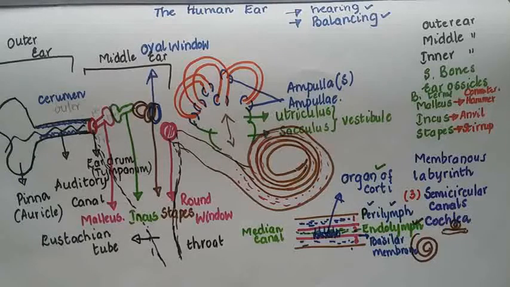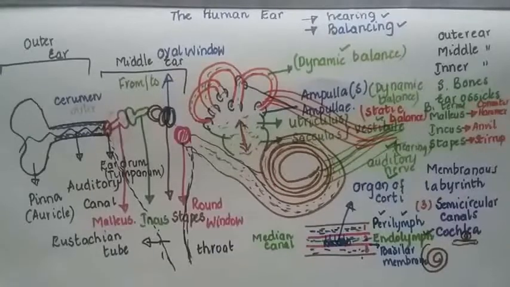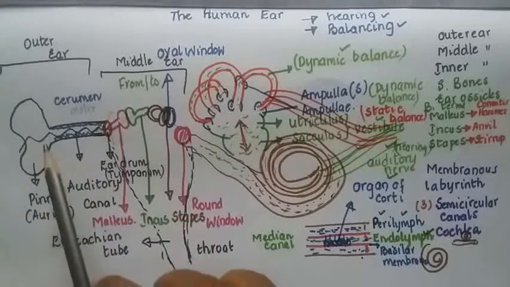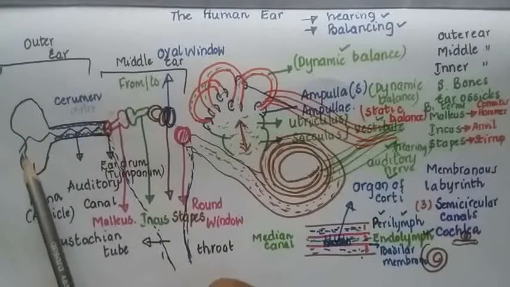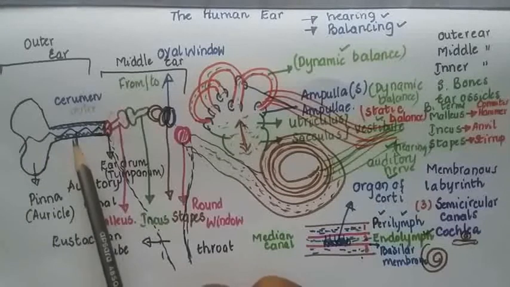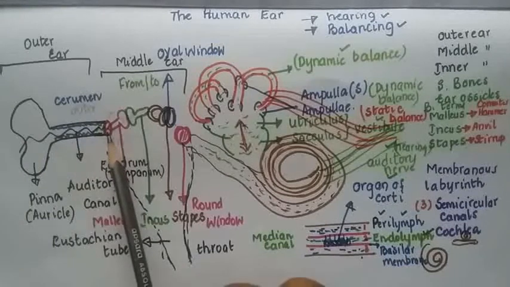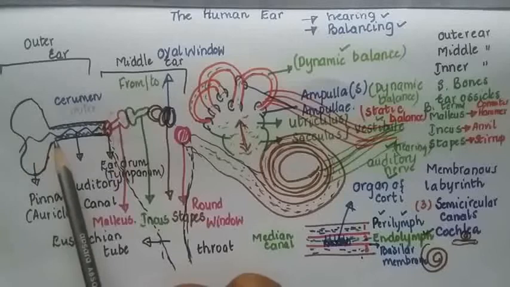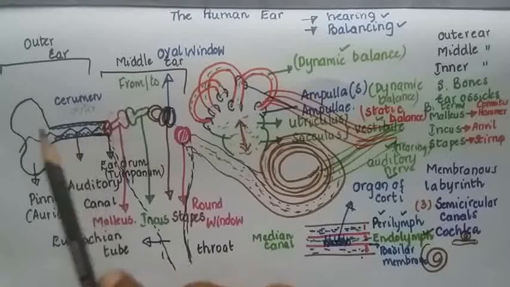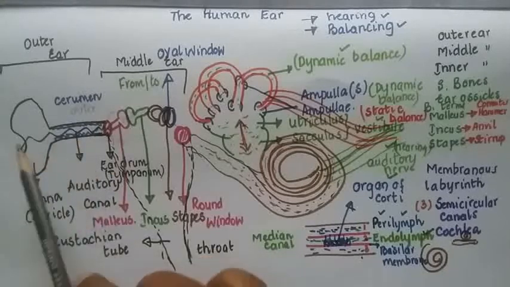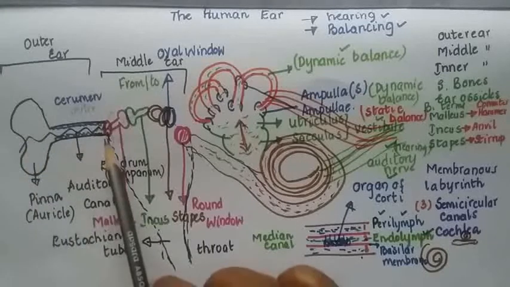Now let us quickly recall the locations of all the parts of the human ear before we learn about the functions. We know that the outer ear comprises the pinna, followed by the auditory canal and eardrum. The auditory canal is found between the pinna and eardrum.